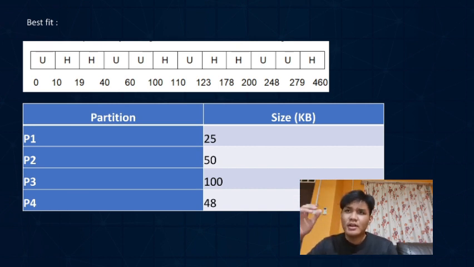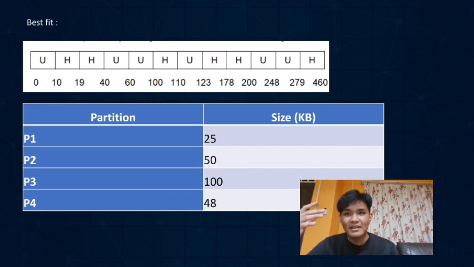U stands for use and H stands for hole. A hole is a space that has more room to store more data, while the letter U means it is in use, so we cannot use the box marked U. So how are we going to fit the right hole?